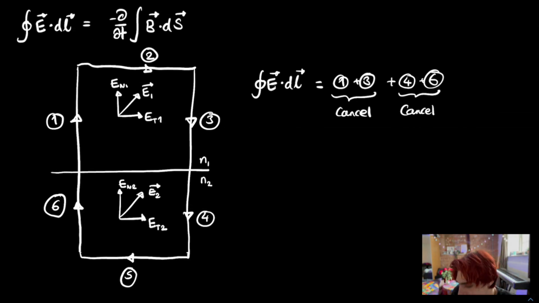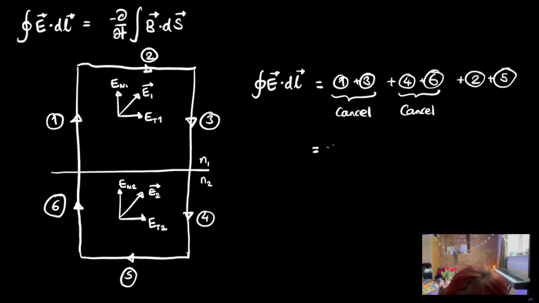And so what are we left with? Well, we're only left with part 2 and part 5, and those are the tangential components of the electric field. And so we actually find that only the tangential components of the field contribute to this closed line integral and are non-zero. So let's go ahead and write out these.